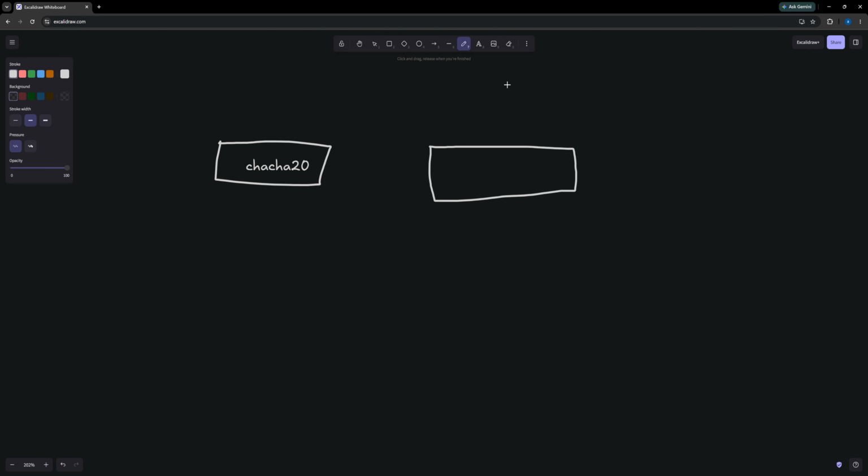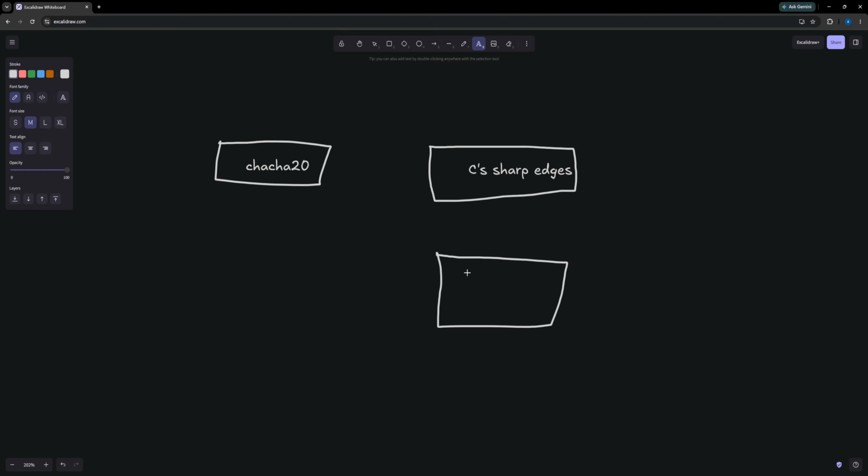Or well, I suppose we could look at this as we have the language it's implemented in and any properties that that language imparts. So C's, we'll call them sharp edges. And then of course there's what our implementation allows callers to do.